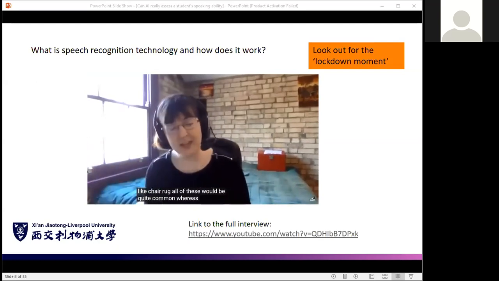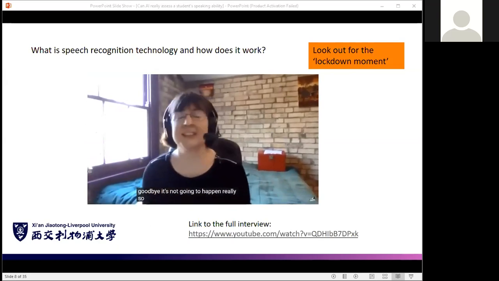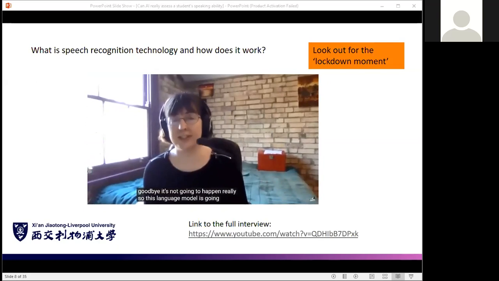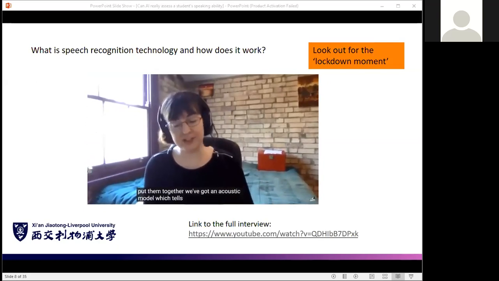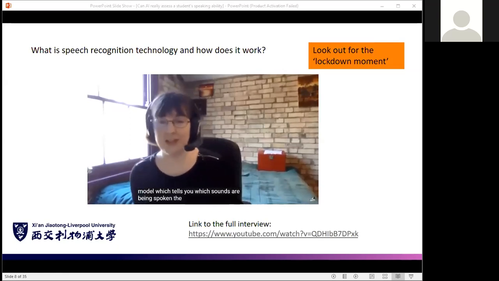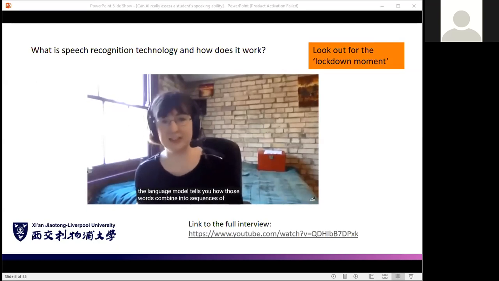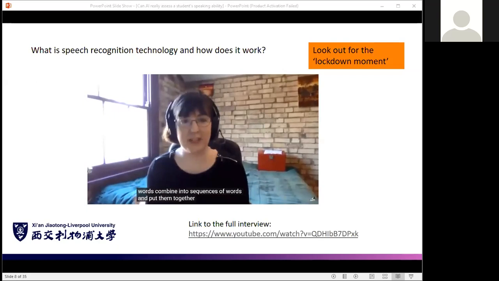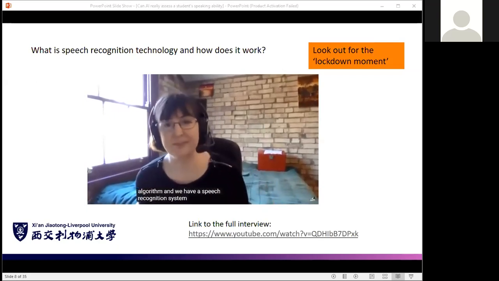All of these would be quite common, whereas the cat sat on the goodbye, it's not going to happen really. So this language model tells you about the sequences of words. So we put them together. We've got an acoustic model, which tells you which sounds are being spoken. The lexicon tells you how those sounds combine into words. And then the language model tells you how those words combine into sequences of words. We put them together in a decoding algorithm, and we have a speech recognition system.